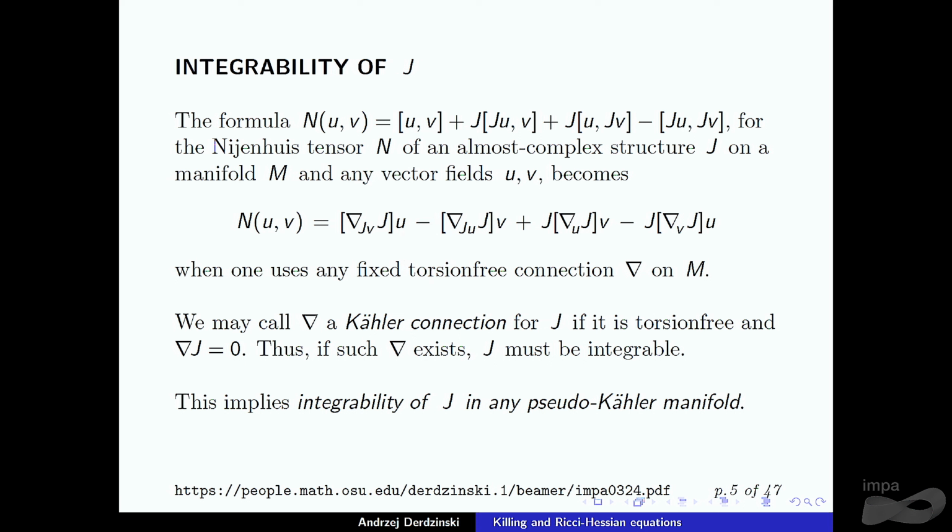In other words, you have integrability under an even weaker assumption: that the almost complex manifold in question admits a so-called Kähler connection, a torsion-free connection making J parallel. Torsion-free is crucial because there will always be a connection making J parallel. J turns the tangent bundle TM into a complex vector bundle, and any connection on that complex vector bundle makes J parallel, since J is the multiplication by i. So torsion-free is crucial. That guarantees integrability.